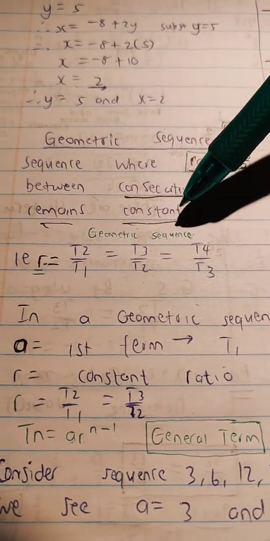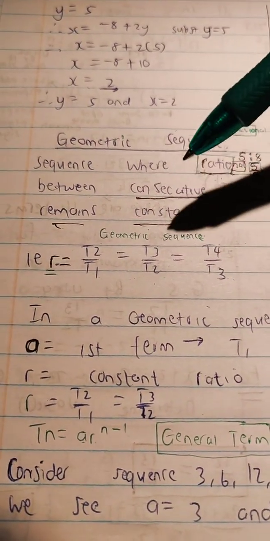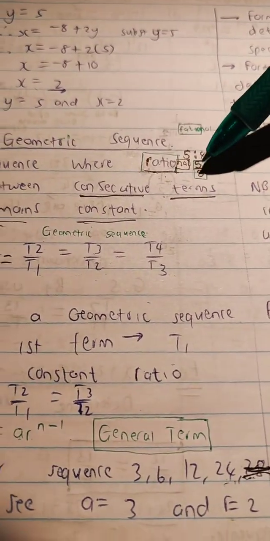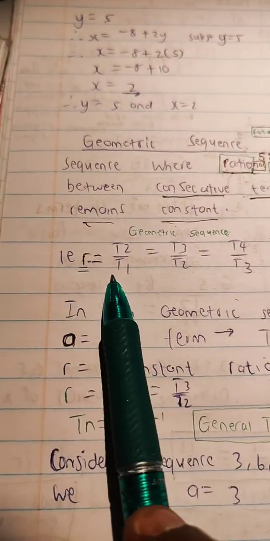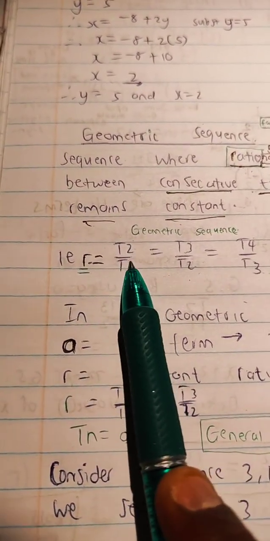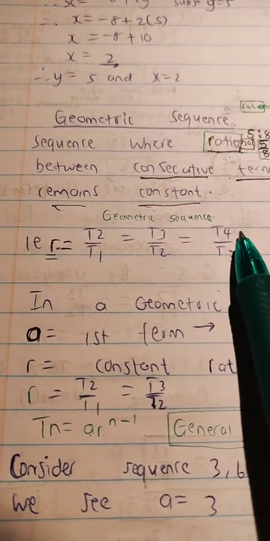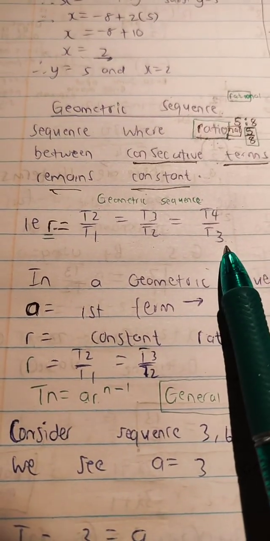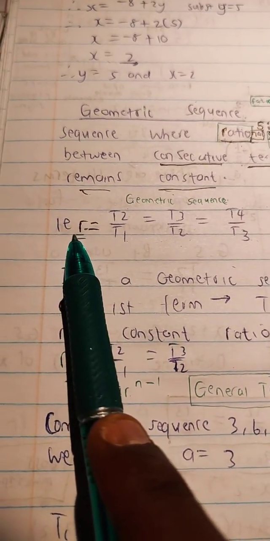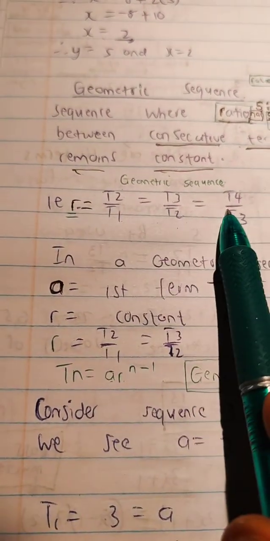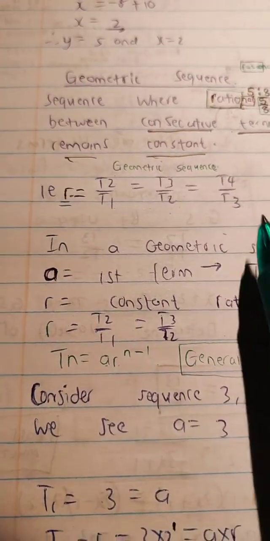The word constant means the same. What is ratio? Ratio means fraction. Hence we say, if we take term 2 divided by term 1, we should get the same value for term 3 divided by term 2, and the same value for term 4 divided by term 3. That is what we mean by a ratio that is constant. These should give us the same ratio value.